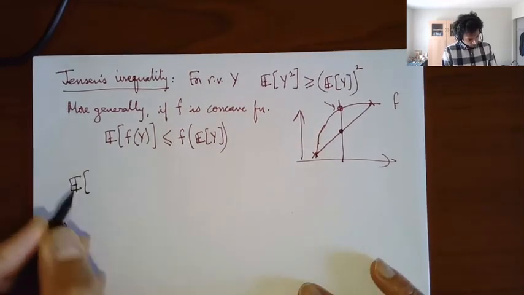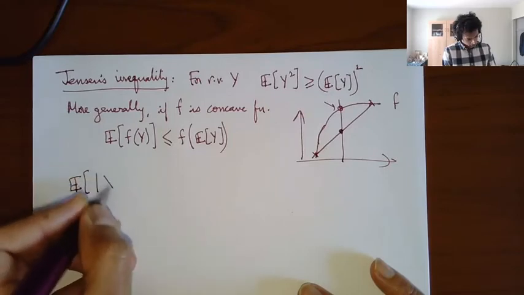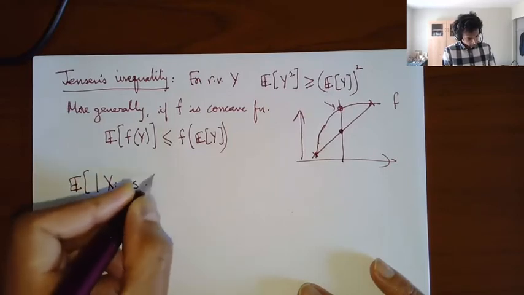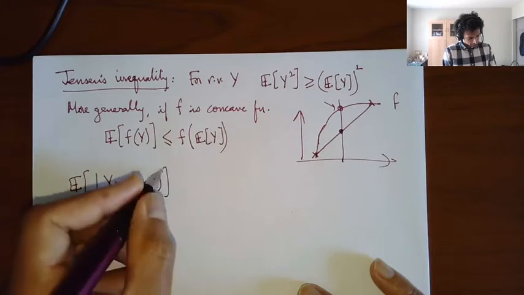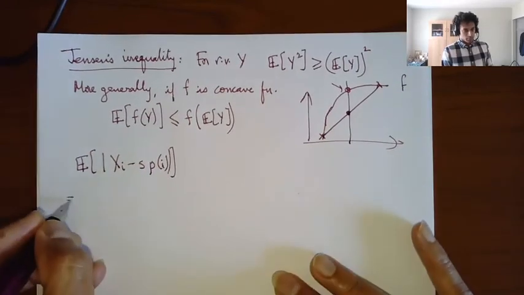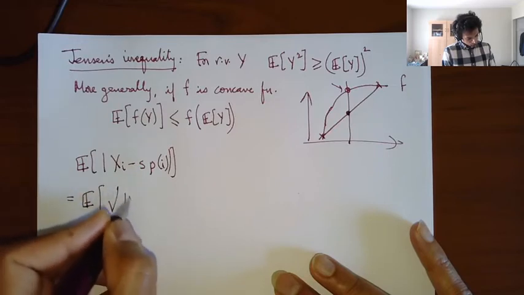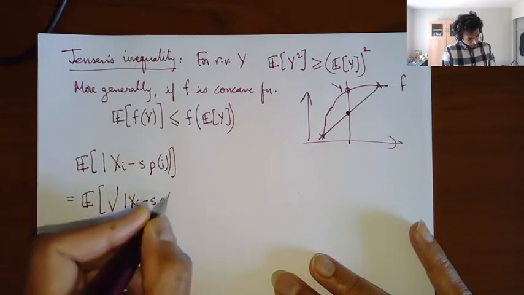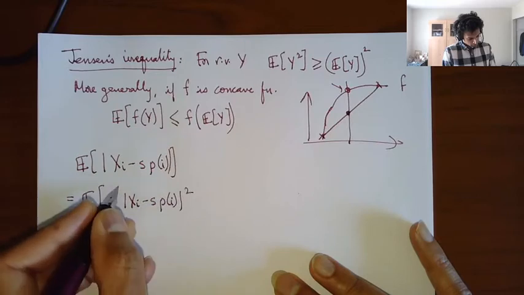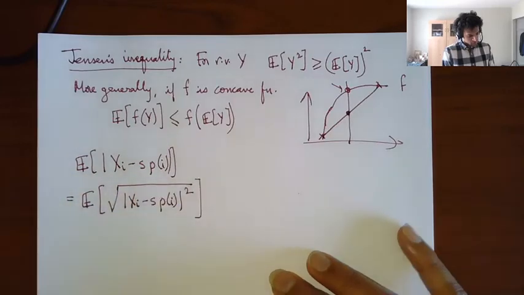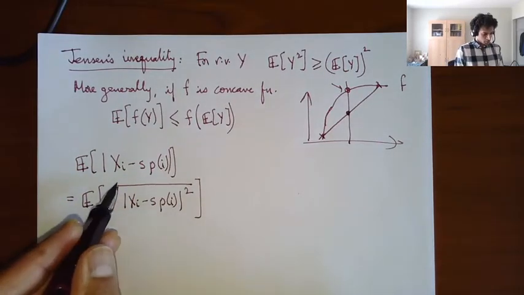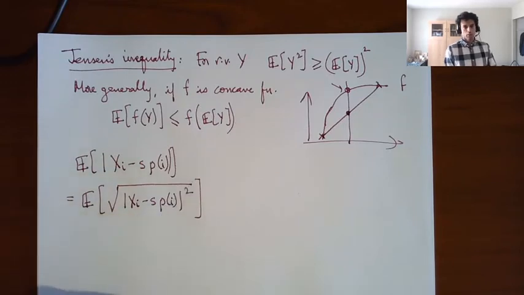So here is the expectation that I'm interested in, xi minus s pi. I'm going to simply write this as the expectation of the square root of xi minus s pi squared. Square root is a concave function.